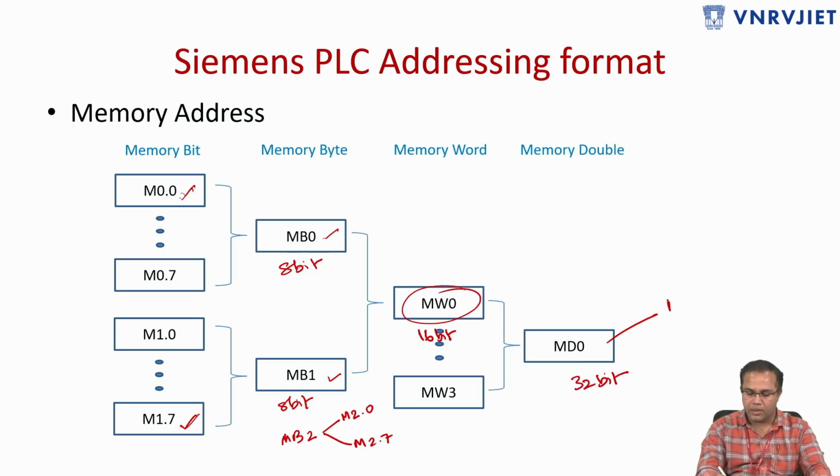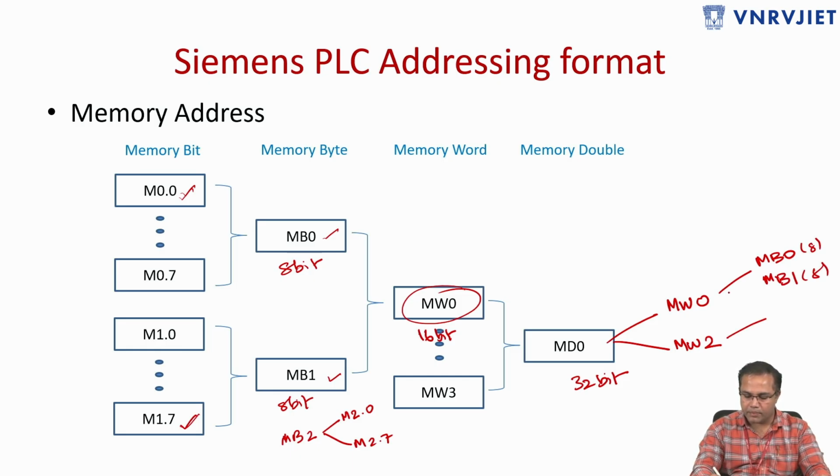It consists of MW0 and MW2, and MW0 again consists of MB0 and MB1, 8 bits each.